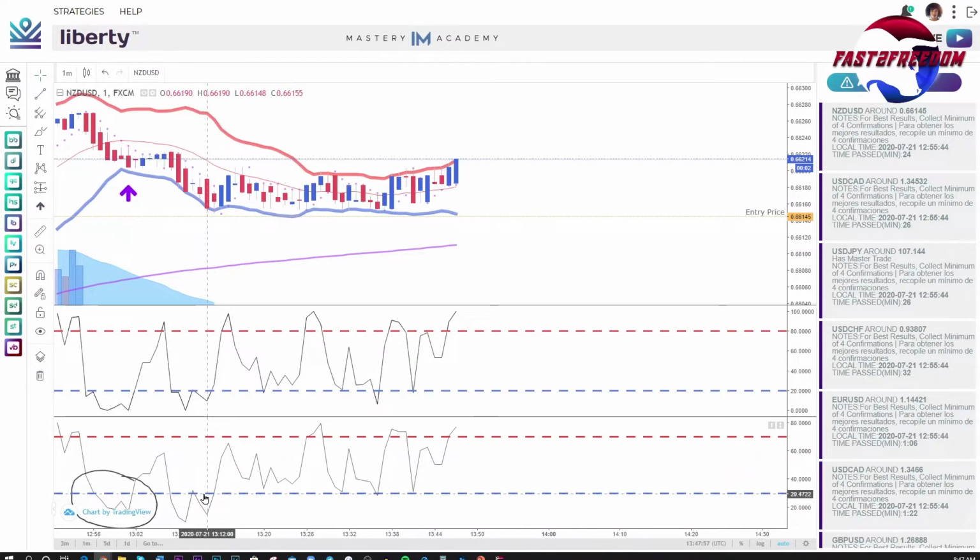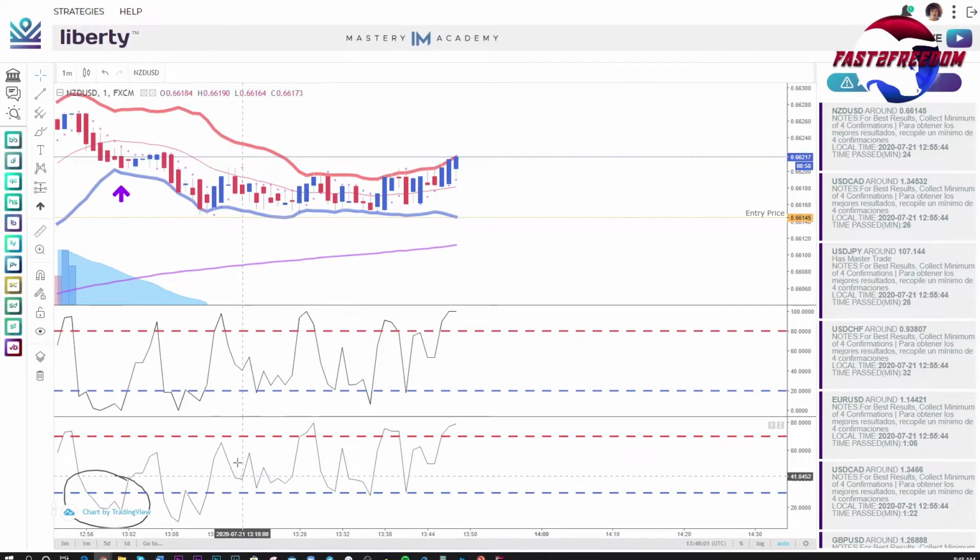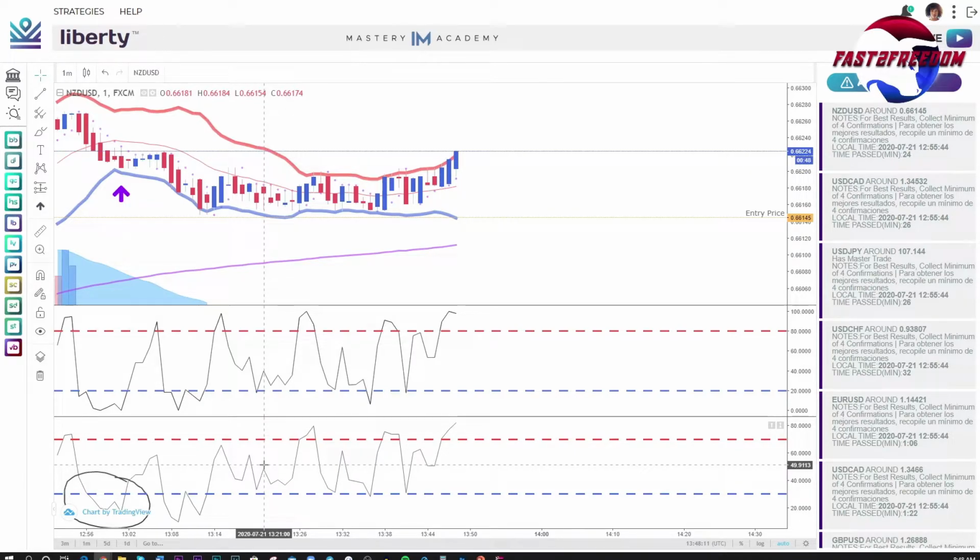So I would want to wait until the RSI is floating between the red and the blue. That's basically telling me we're going into consolidation phase, that the strength is not strong enough to break through the bottom BB, the bottom Bollinger Band.